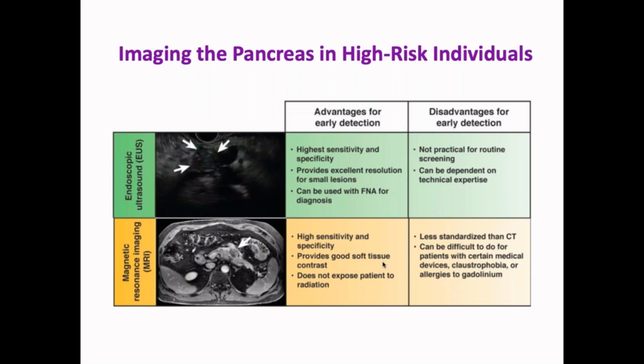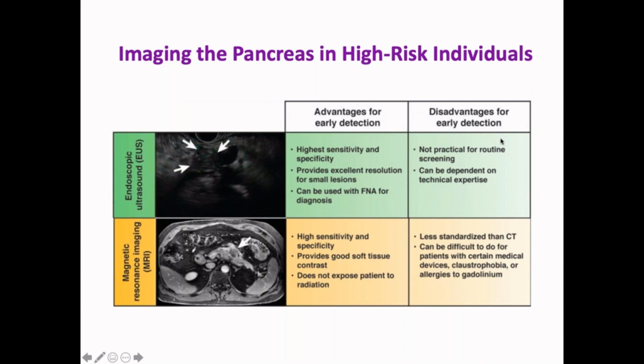And currently, recommendations for screening really focus on imaging the pancreas in high-risk individuals through endoscopic ultrasound and MRI, MRCP. And here I show the advantages of early detection with respect to the sensitivity and specificity being high in endoscopic ultrasound, especially with good resolution for small lesions, and the ability to perform fine needle aspiration of a cyst, for example, or of anything else that might be suspicious in the parenchyma, compared to MRI, MRCP, which provides good soft tissue contrast and doesn't expose the patient to sedation and an invasive procedure.